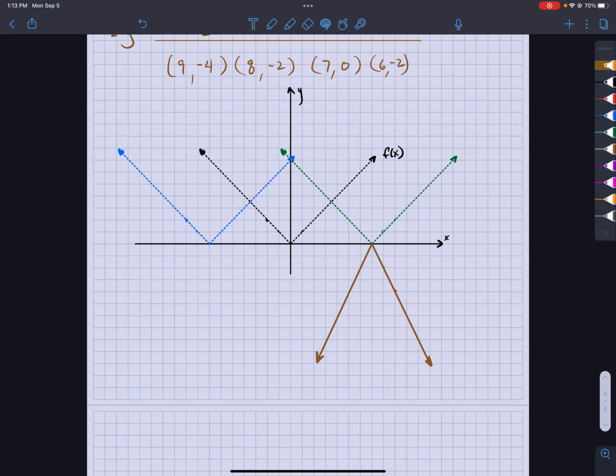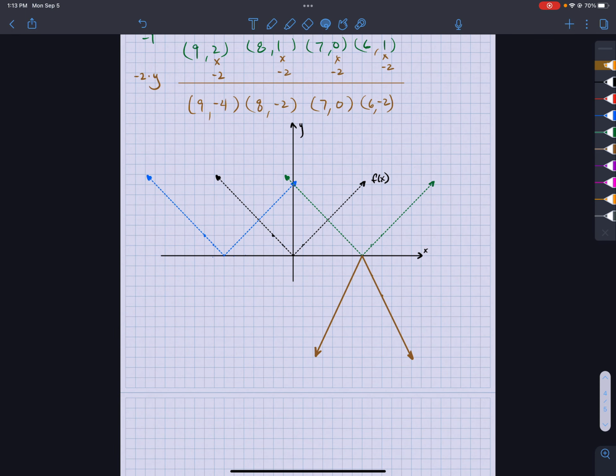If you notice, doesn't it look narrower? Meaning it got stretched taller, because this is affecting the y value, so it means to double its height. The negative is telling it to flip over, so whatever is positive y became negative y, and then the 2 tells it to grow taller. So that's what the final answer would be from the parent function to this.